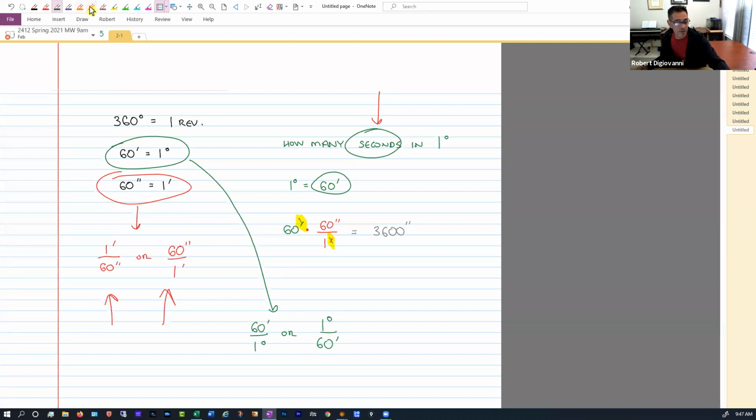And we could actually do the same thing for this. We could say 1 revolution is 360 degrees, or we could say that 360 degrees is 1 revolution. We're about to do some examples, all right, so that we can get practice with this.